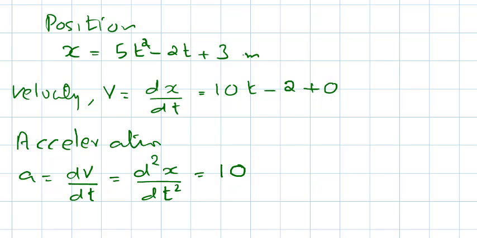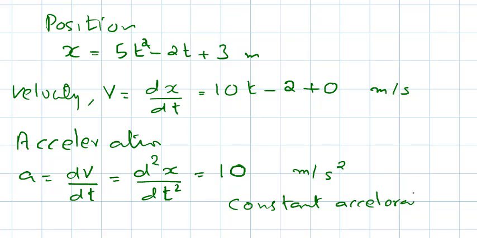Since the position is given in meter, velocity will be in meter per second and the acceleration will become 10 meter per second square. You can see this acceleration is independent of time. There is no t here, so this is a constant value. This is constant acceleration. So the first equation represents uniformly accelerated motion.